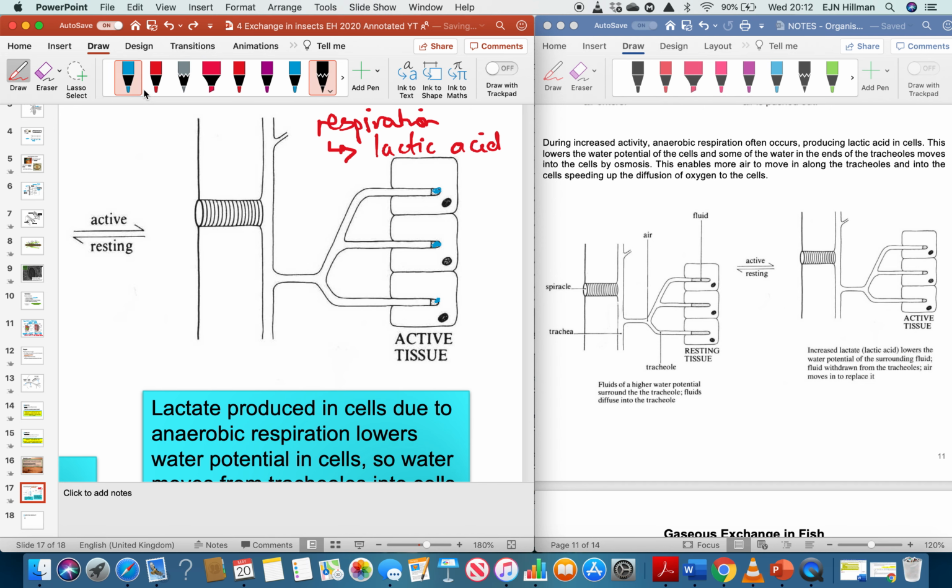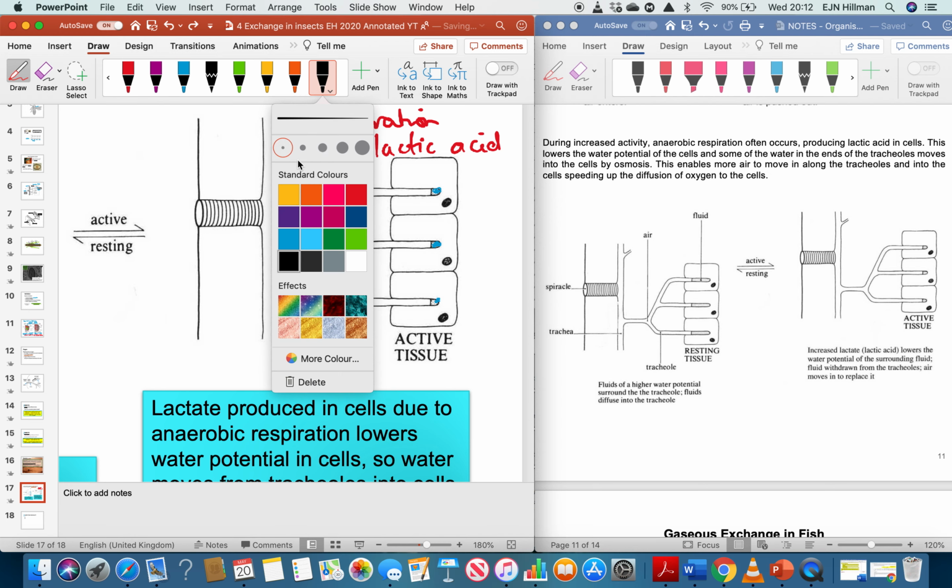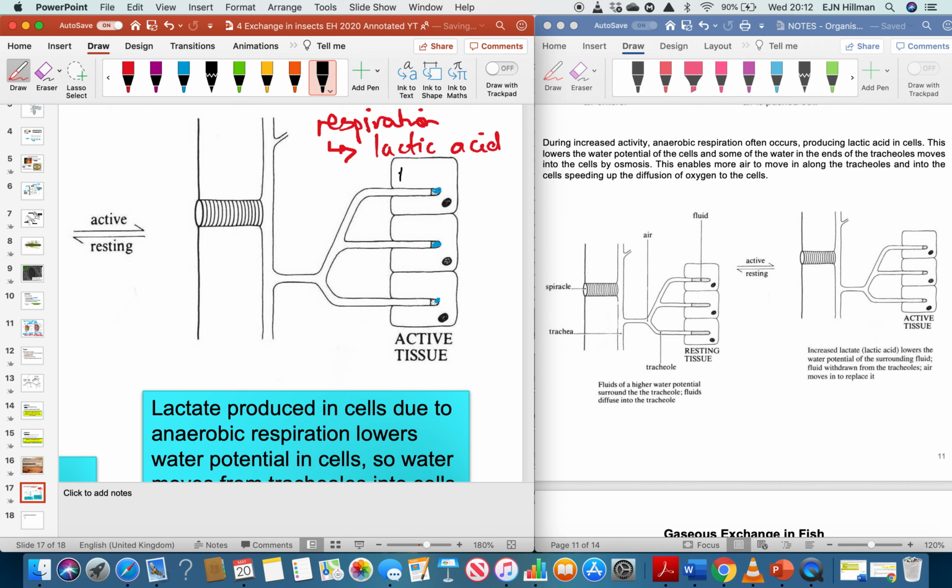Let's use a different pen. Okay, so with anaerobic respiration, there's an accumulation of lactic acid. Now, lactic acid lowers the water potential. That's a trident there to represent water potential. It lowers the water potential of the cells in that active tissue.